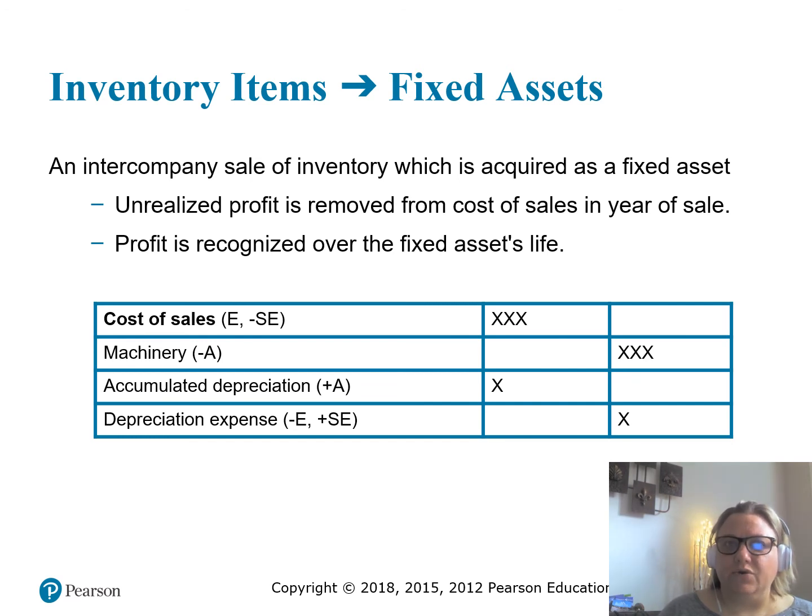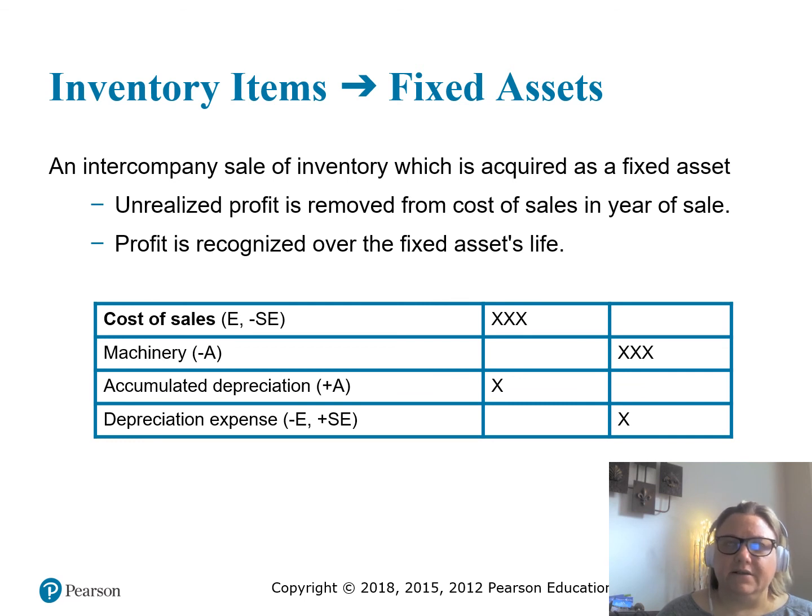Something within your inventory, like your lot of homes that you were going to sell, becomes a fixed asset, the front of your neighborhood. Maybe it's the showpiece home, and you choose not to sell it. You're going to use it to showcase everything else for a couple of years. That would be an example of an inventory item moving into fixed assets.